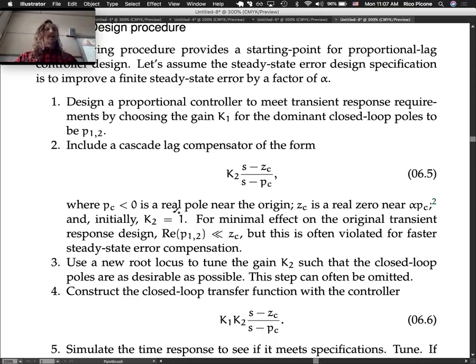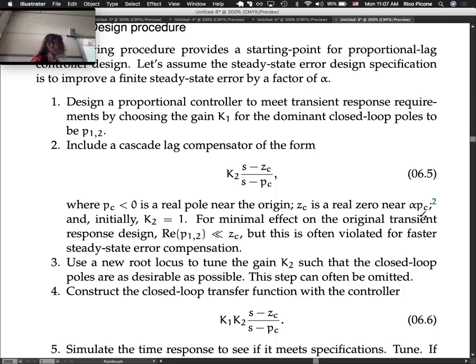Step 2, include a cascade lag compensator of the form of 6.5. Similar to putting in an integral compensator, we're going to put in this lag compensator that has a pole, PC, the compensator pole, that is negative. So it's a real pole near the origin; typically you would choose it to be negative. And then ZC is a real 0 near alpha times PC.